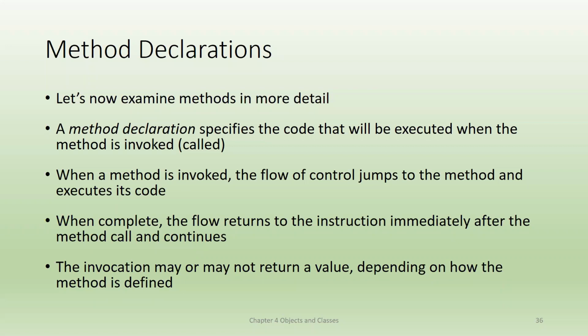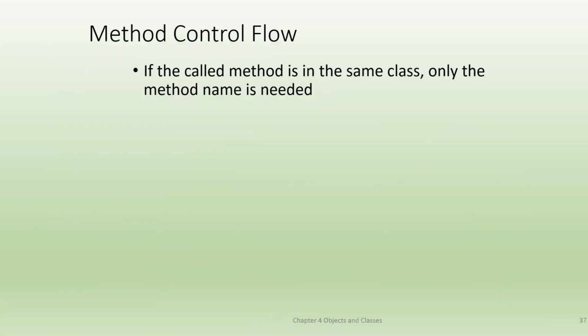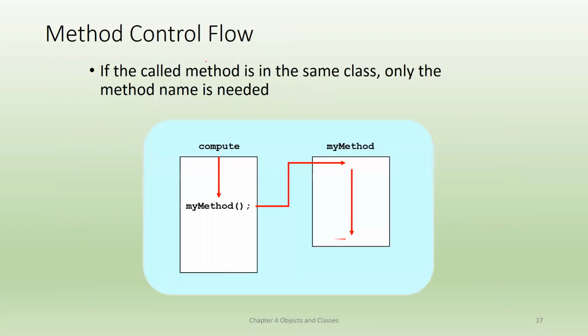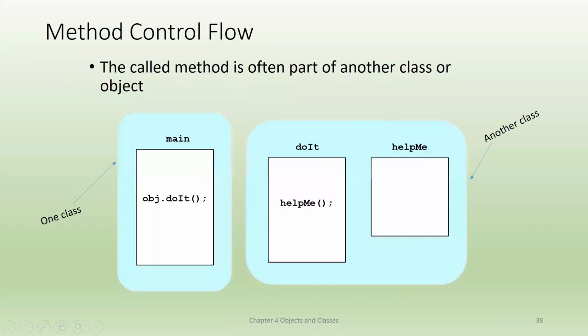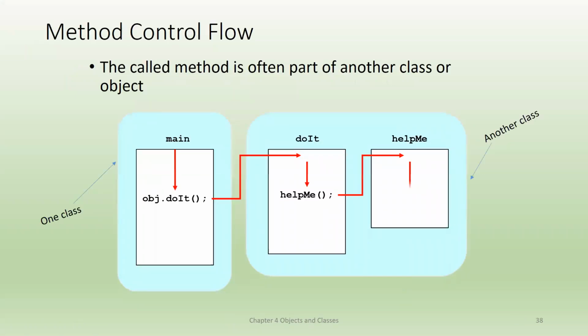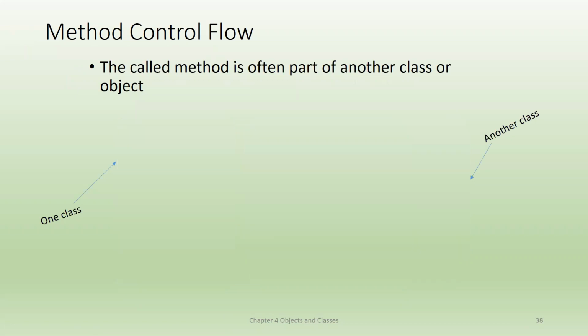When complete, the flow returns to the instruction. In this method, you are calling another method, right? So the flow of control will go here, execute the code, and return back to the next statement and get out. That's the flow of control. I will just let you watch that. Okay, so let's watch it again.